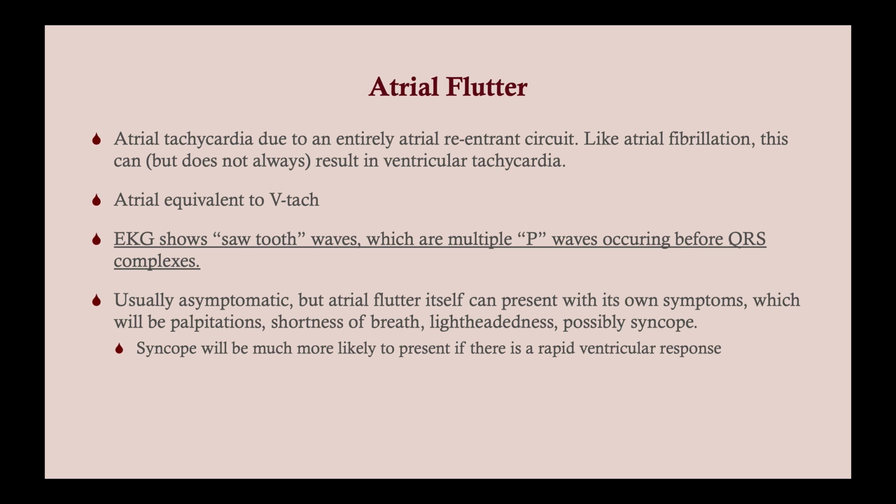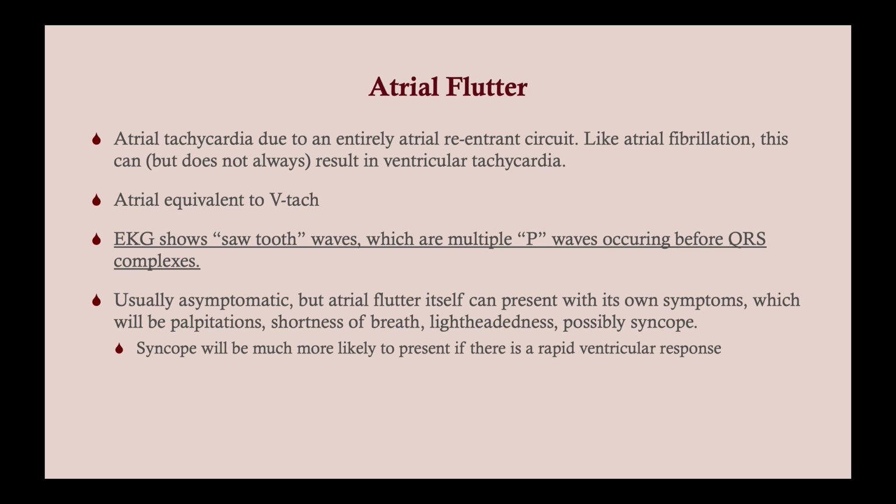Now, like atrial fibrillation, this can result in ventricular tachycardia because you've got this atrial activity going on, which can ultimately cause the AV node to send out an impulse down the ventricles. So it really is the atrial equivalent to ventricular tachycardia, which I talk about in the tachyarrhythmia section.